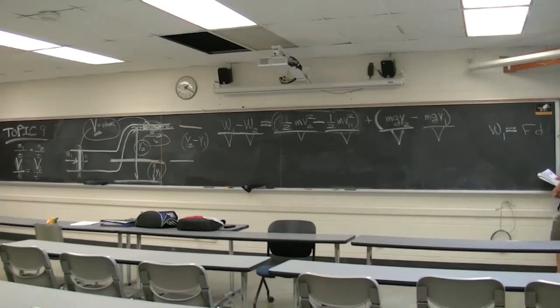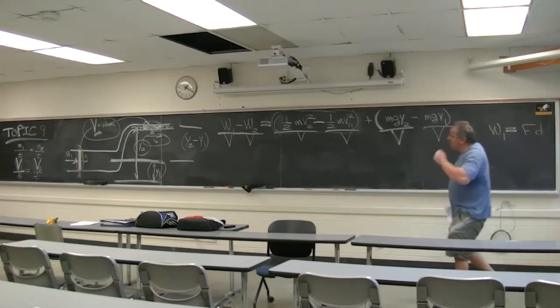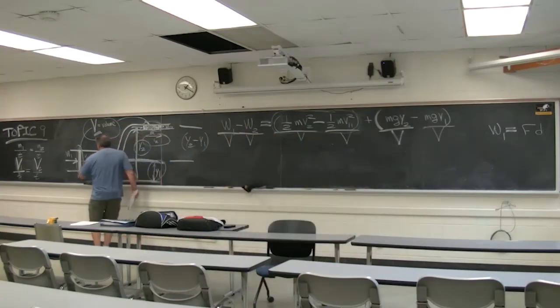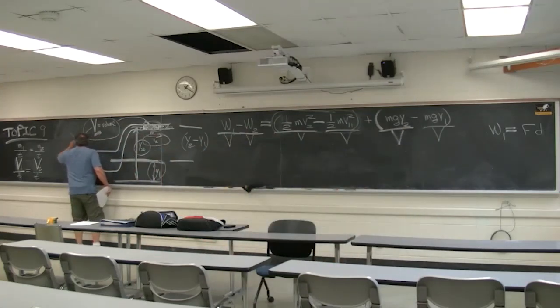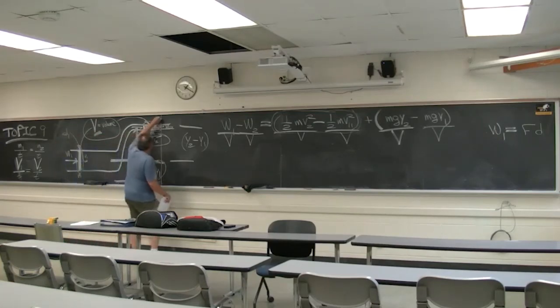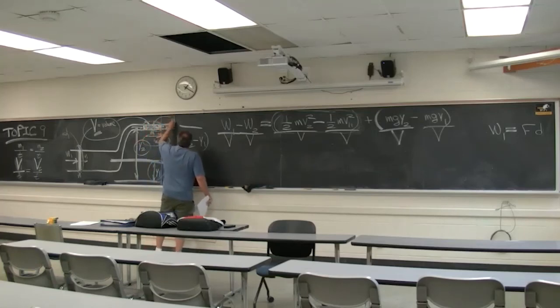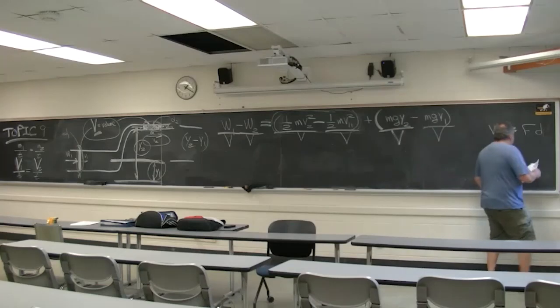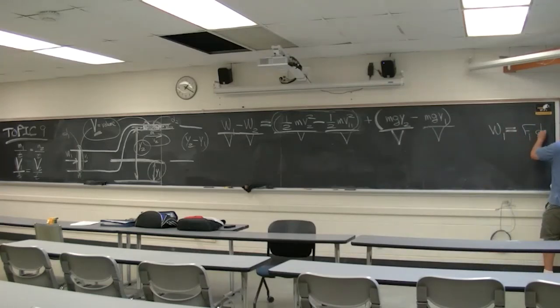It went a distance, and we didn't put an L there. Let's say the distance it actually got moved here is distance D1. And the distance it got moved here is a lot more. That's D2. So force times distance is equal to work. For the other one, force times distance is equal to work.